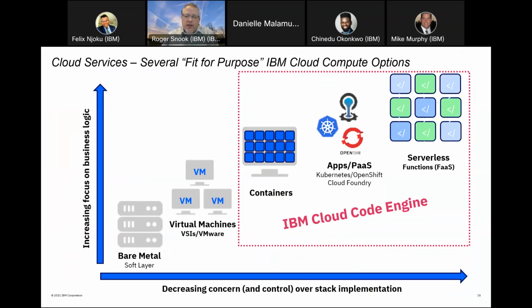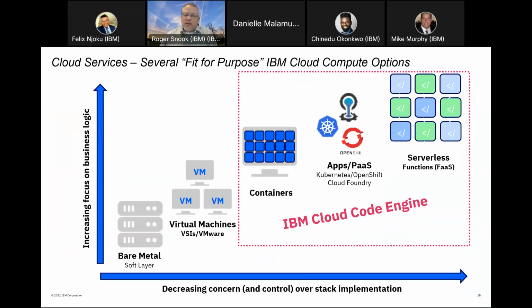And of course, we'll also talk about functions in here in a second. But as you notice, things are getting smaller as the graph goes up and to the right, because we're building less code and relying more on cloud service providers to provide more of that management to make it easier for us and faster and quicker to deploy applications.